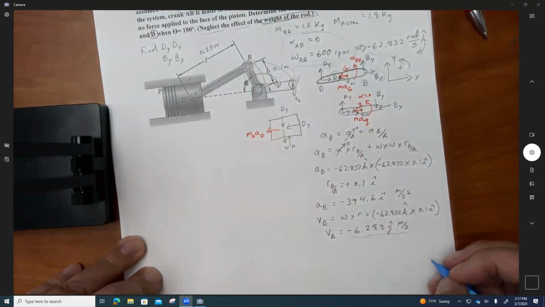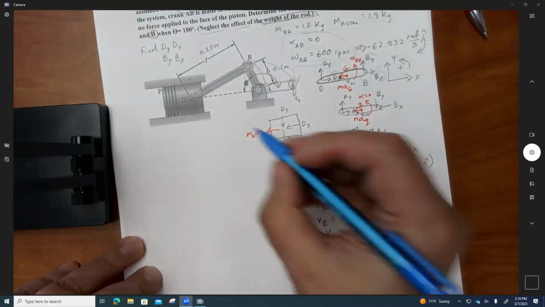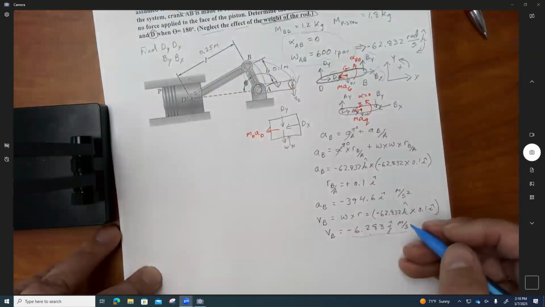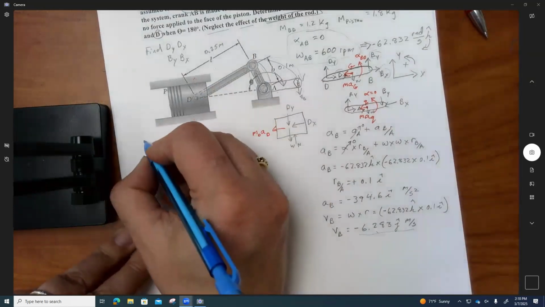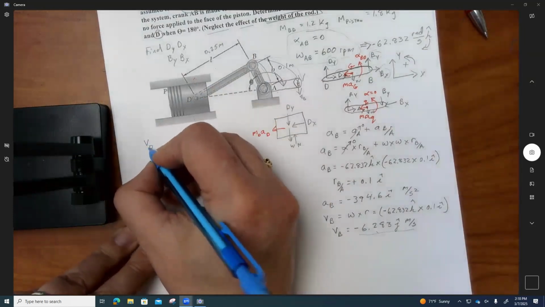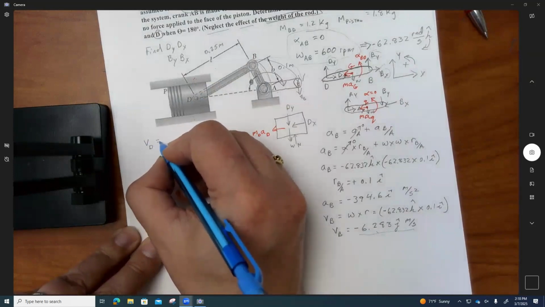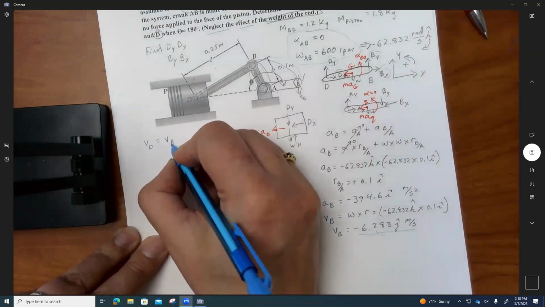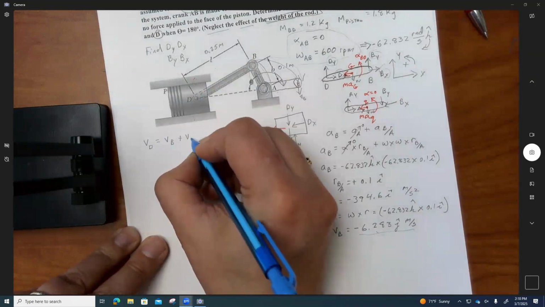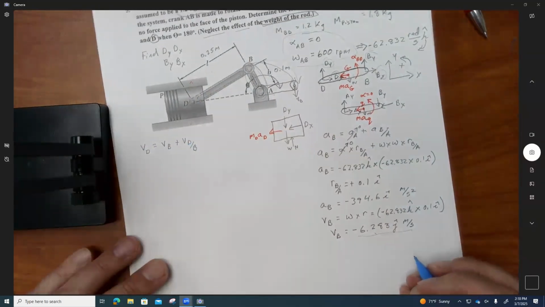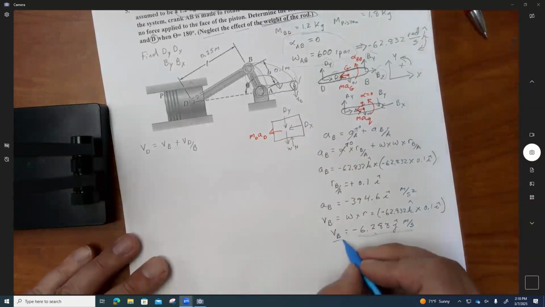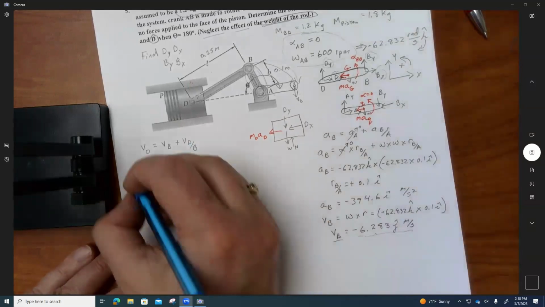Let's look at the velocity of D. What can we find out if we work on the other half of the piston? Velocity of D is equal to the velocity of B plus the velocity of D relative to B. So I found the velocity of B here.